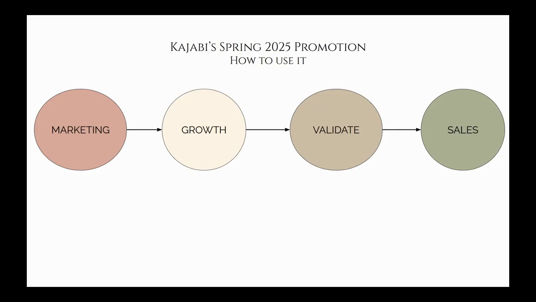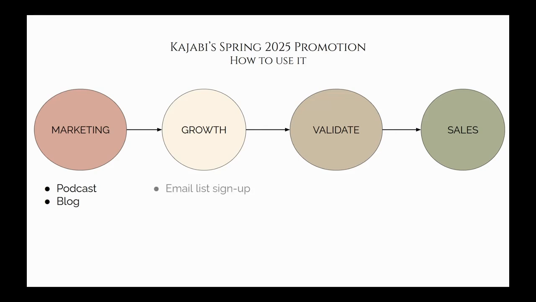And then sales, that's how you actually sell your programs or your offers. So all the features of Kajabi generally will fall into one of these categories. For example, under marketing, there's a podcast feature. There's also a blog. Your other options for marketing would be primarily YouTube or social media. Those obviously don't exist within Kajabi.